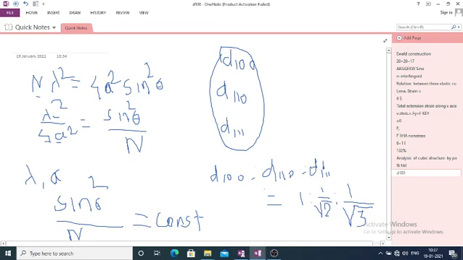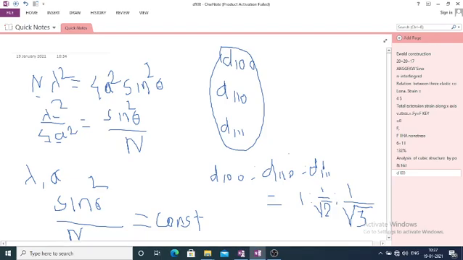This is the proportional interplanar spacing for the 1 0 0, 1 1 0 and 1 1 1 planes.